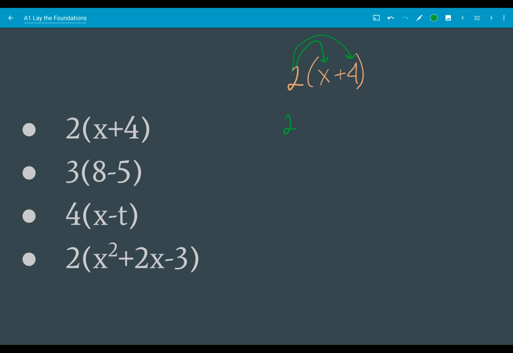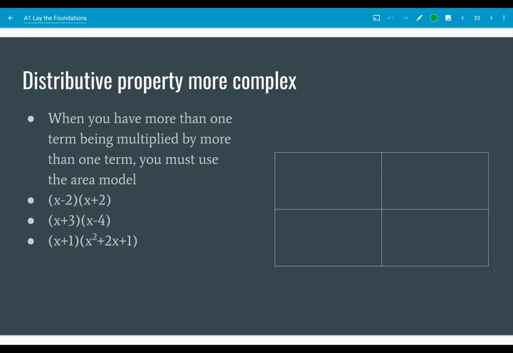So when we do 2x plus 2 times 4, now we can drop the parentheses because we've distributed, and then we can just clean up: 2x plus 8. That's the distributive property. Now, work on the second 3. I would pause the video here till you work those 3 out. Once you're ready, go ahead and continue.